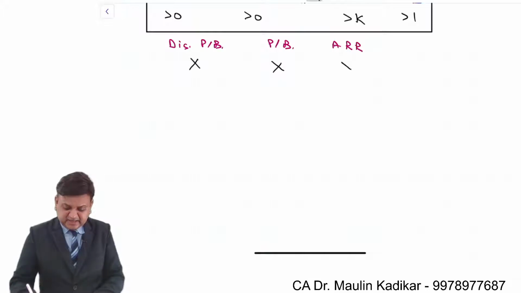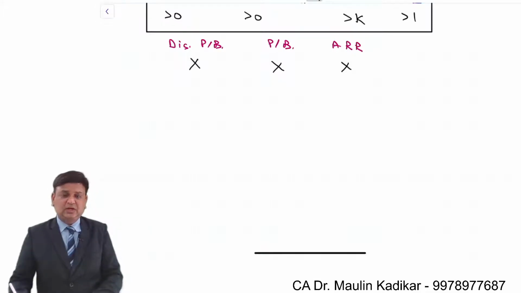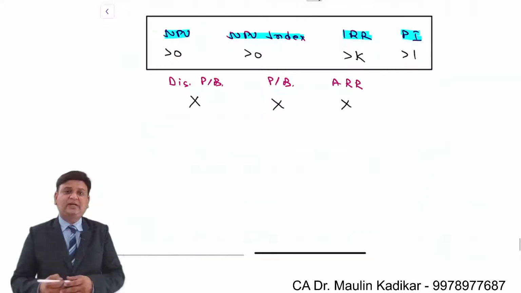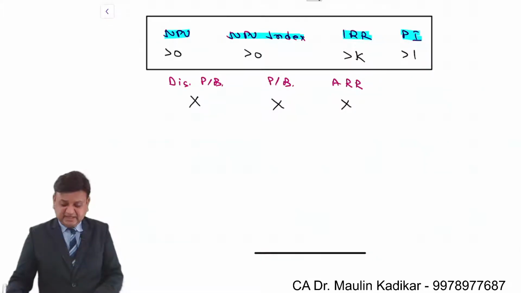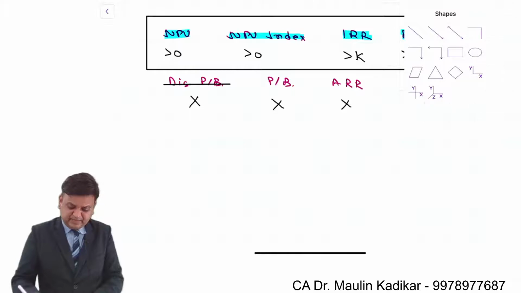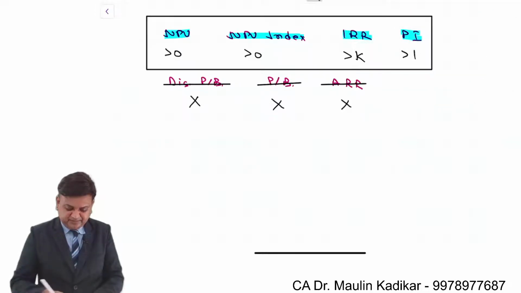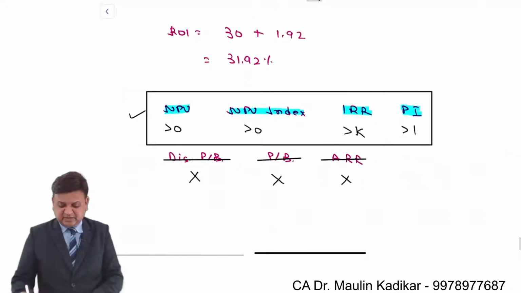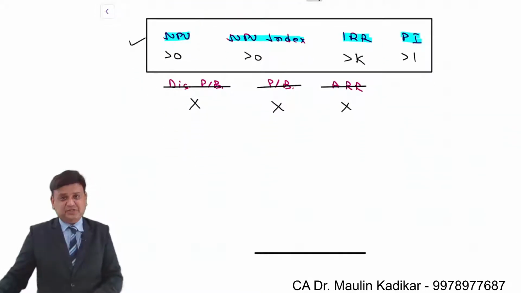Can you adopt ARR criteria? The answer is no. Why? Because the question does not provide what is the minimum rate at which you want the return. That is the reason we cannot adopt discounted payback period criteria or payback period criteria or ARR criteria for decision making, and one of the other four criteria can be adopted.